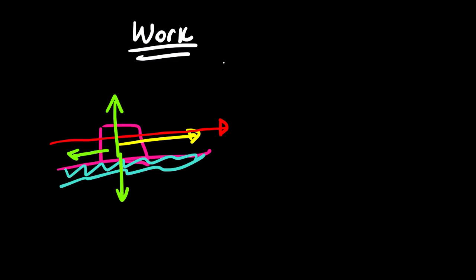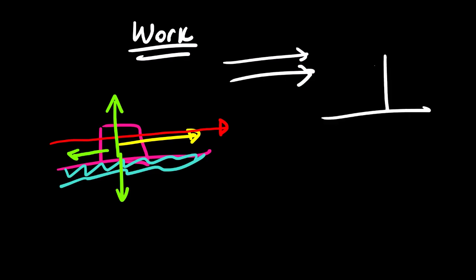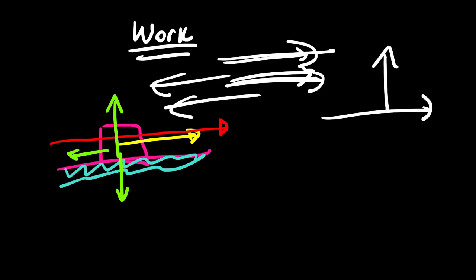When you talk about parallel, we are talking about lines that are like this. When you talk about perpendicular, we are talking about lines which are like this. All the forces which are parallel to the displacement are doing work on the object. We can see that this is our displacement, and this is our force applied.